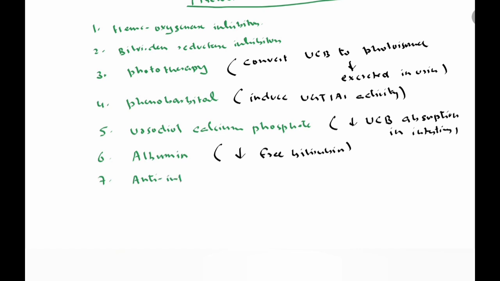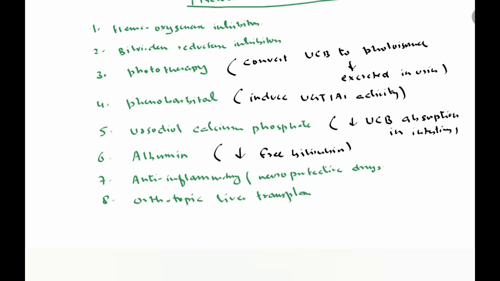Now, there is a role of anti-inflammatory and neuroprotective drugs in preventing chronic damage. In the end, orthotopic liver transplantation, cell therapy, that is hepatocyte transplantation, and gene editing therapies have a role in unconjugated hyperbilirubinemia.